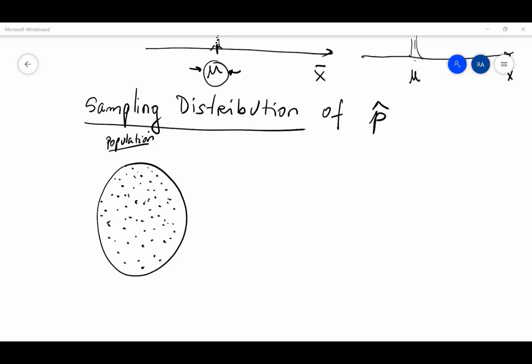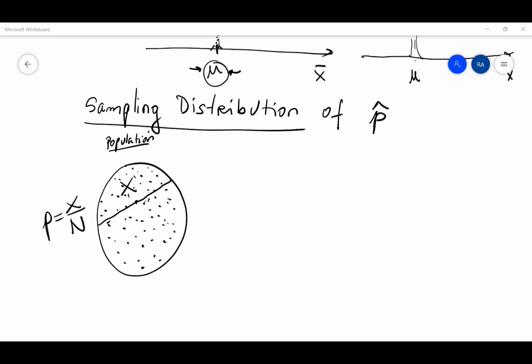For example, a quantitative variable could be height, weight, IQ, or a qualitative variable like political affiliation, religion, culture, etc. Suppose that we gather all members of the population that fulfill one condition in this characteristic, and we count all of them. If we want to compute the proportion of all items that fulfill that condition, it is given by this quotient. We count all members that fulfill this condition and divide it by the total population size.